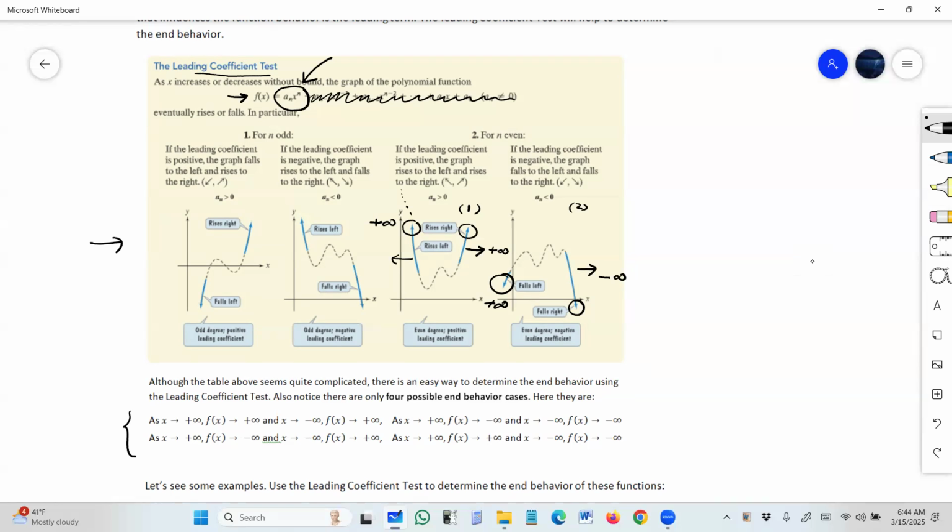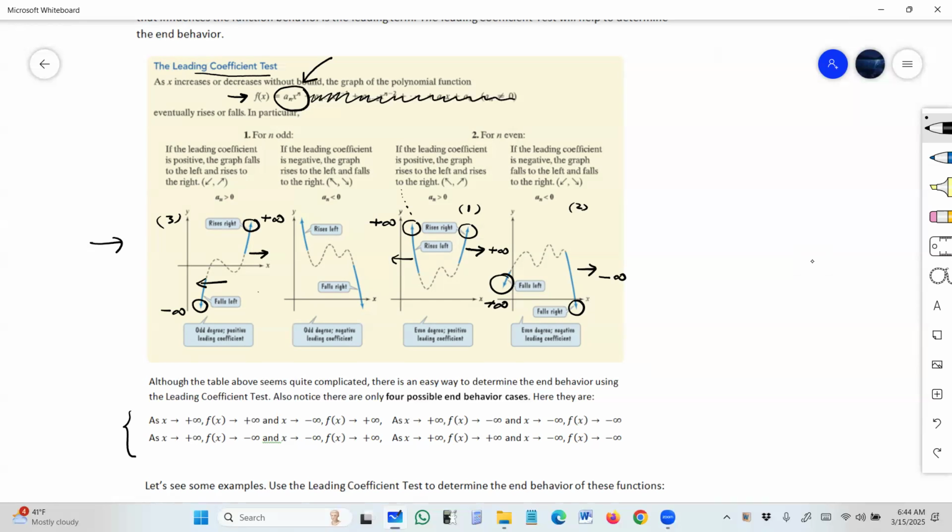Now look at the next case. Let's do this one next. As x goes to positive infinity, the polynomial goes up without bound, so positive infinity. And as x goes to negative infinity, the polynomial goes down to negative infinity.